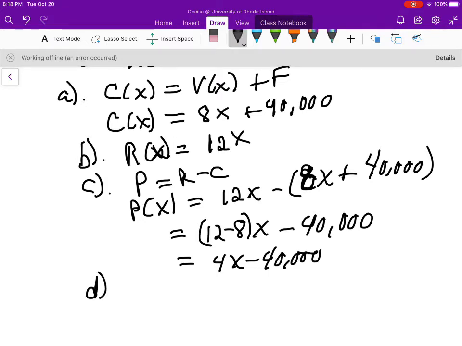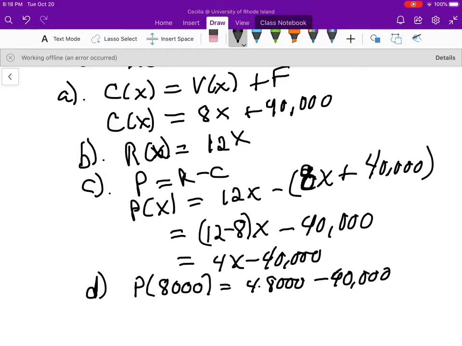Next, we're going to look at what is the profit or loss of corresponding production levels of 8,000 and 12,000 units. So the first thing we're going to do is calculate the profit for 8,000. So we're just going to substitute 8,000 in, and we're going to calculate that and get 32,000 minus 40,000, which is equal to a negative 8,000.